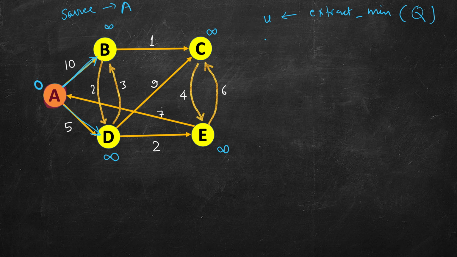Then we look at all the neighbors, for all V adjacent to U. What we do, we see if distance of U, that is the node that we popped, plus V is adjacent to U, so there will be some length L U to V. Let this denote the distance between U and V. So in this case, for example, this is LEC and this is LCE.